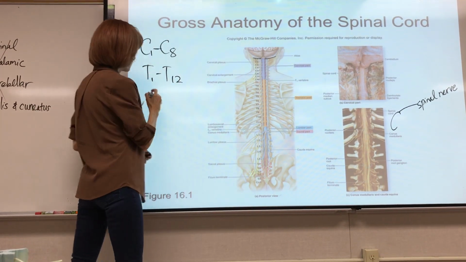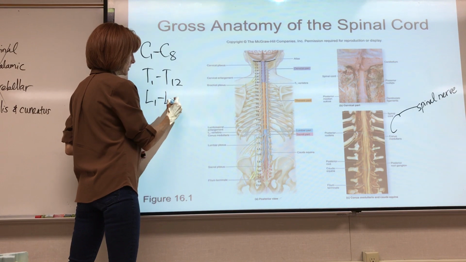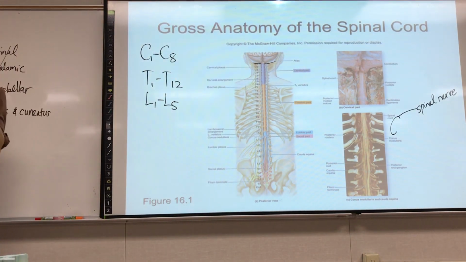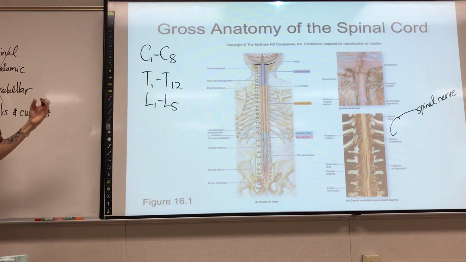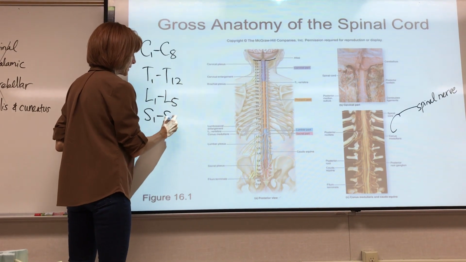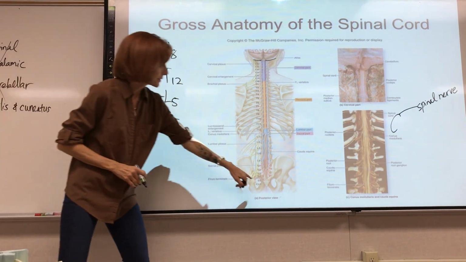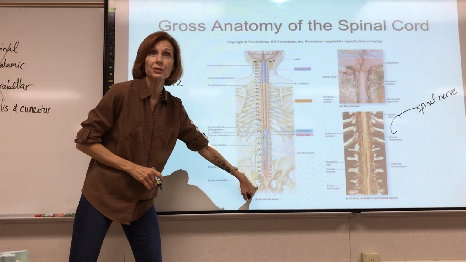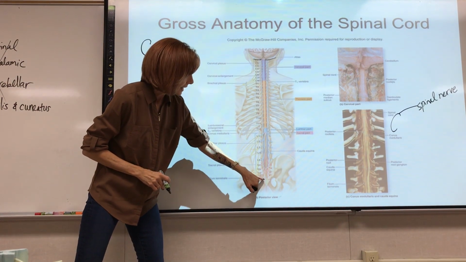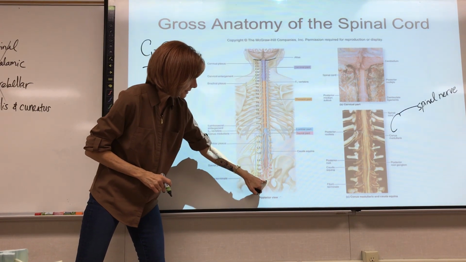We have 5 lumbar. And then notice we actually have sacral spinal nerves because the spinal nerves will go down into the sacrum and exit through those sacral foramina. So these are identified as S1 through S5. And then we have this one pair of coccygeal spinal nerves that exits between the sacrum and the coccyx, sticking out right here.